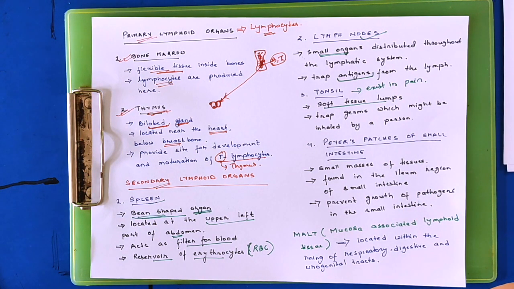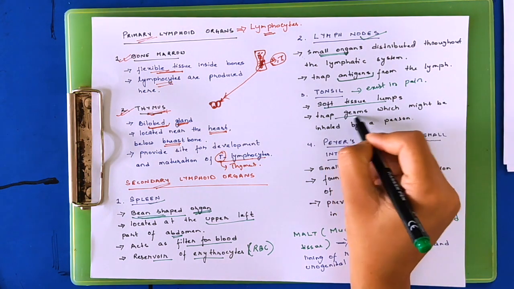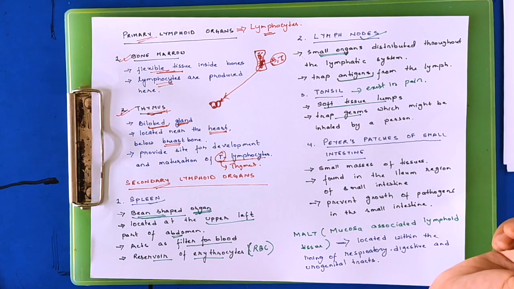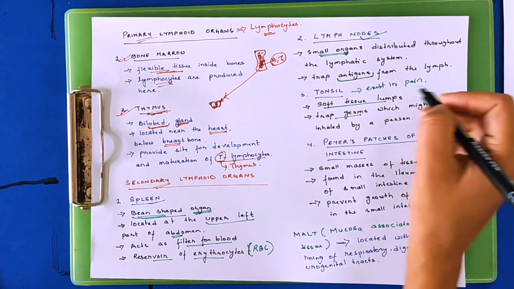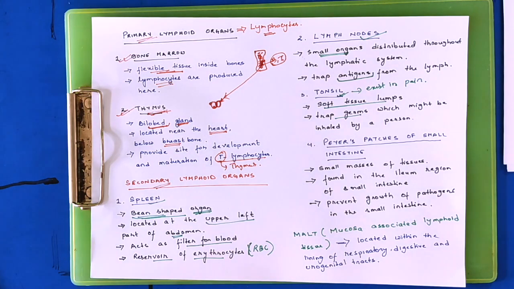Tonsil functions: they help in trapping germs or antigens which might be inhaled by a person. Germs such as bacteria and viruses that are inhaled are trapped by the tonsils. It is related to the respiratory system.